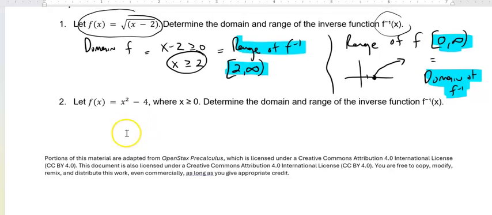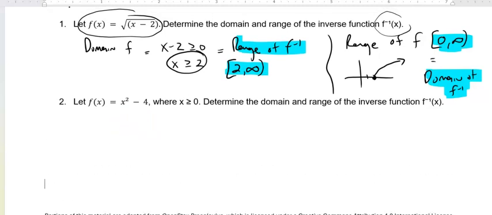Okay, one more. So we already have a restriction here because we know that if I don't have this restriction, it's not 1 to 1. Right? X squared minus 4. If I didn't have this restriction, x squared minus 4 looks like this. Not 1 to 1, doesn't have an inverse. But if I restrict the inputs to non-negative values, then I'm looking at this guy, and this is 1 to 1.